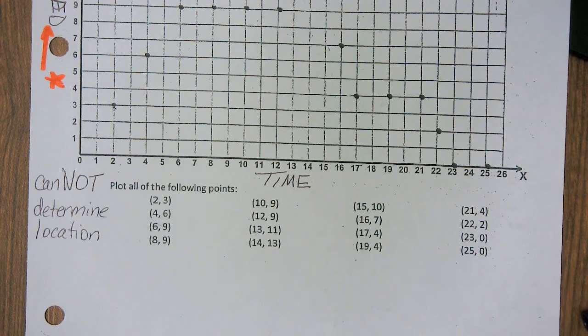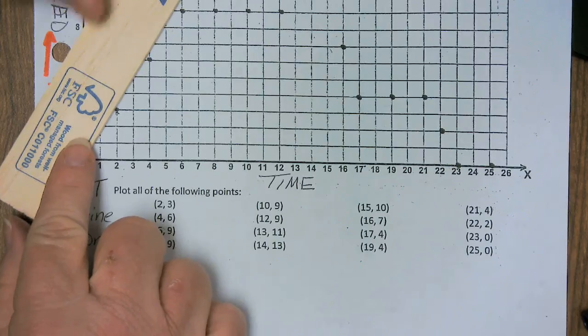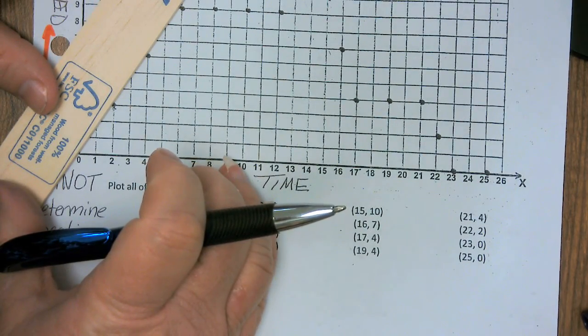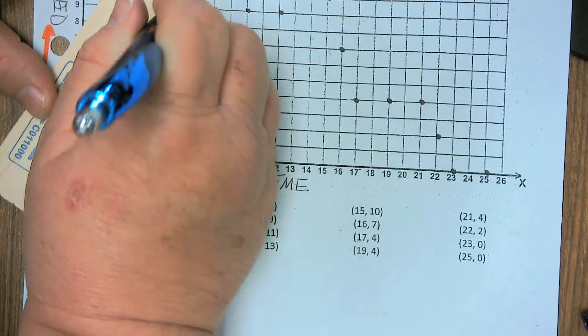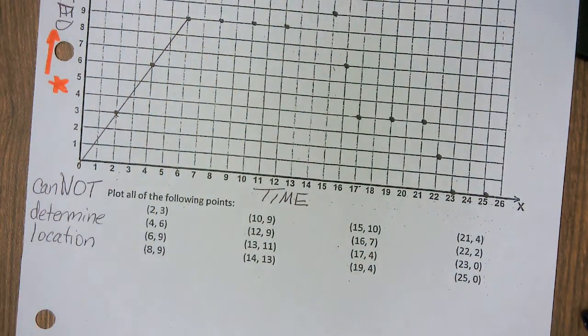The very first section of the graph will be marked. You're going to go from 0, 0 up here to a speed of 9. So there's our first section.